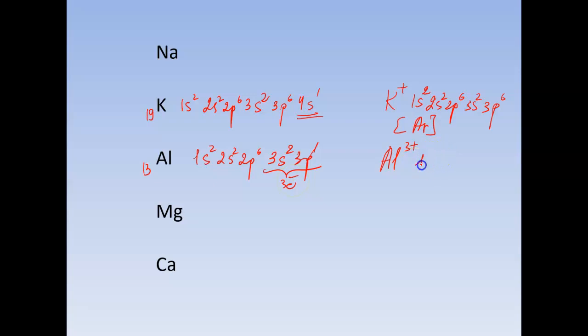Its electron configuration for this cation will be 1s2, 2s2, 2p6, like neon has, a noble gas. And for magnesium and calcium, you can write the electron configuration by yourself.